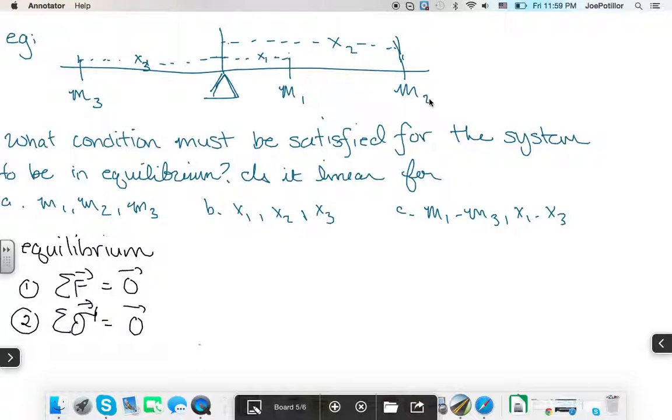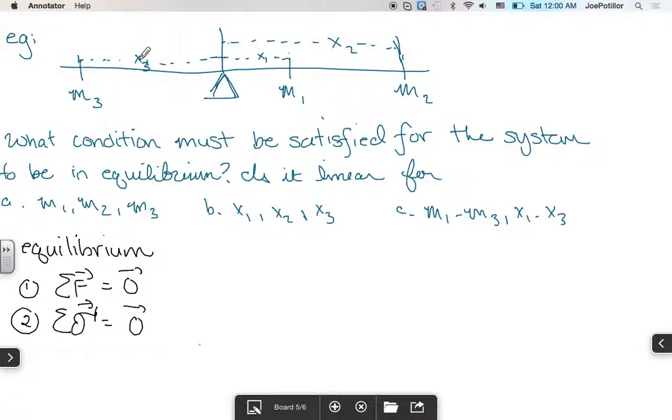We're not going to worry about that so much because this example is extremely simple. So how we work it is really simple. The total forces need to add to 0. Actually, the torque situation is easier to work with.